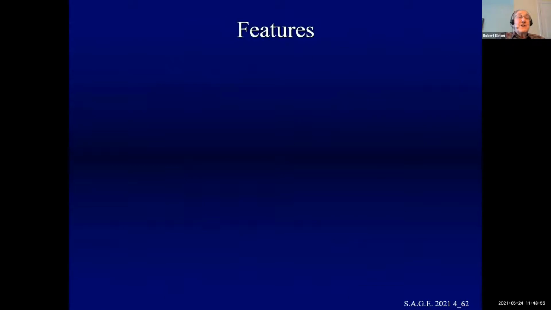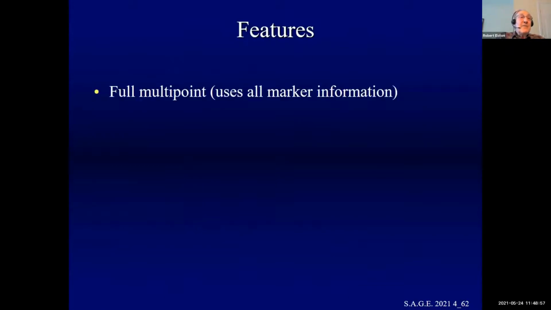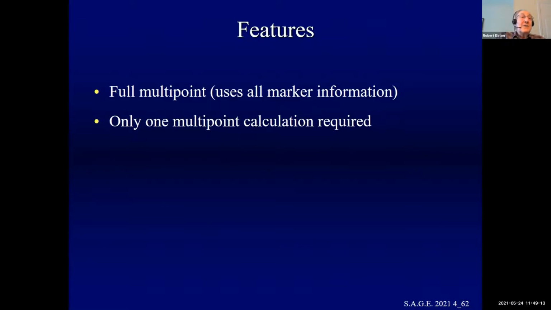So what are the features of this? It's full multipoint. It uses all marker information. You have to input GENIBD output. It has only one multipoint calculation required, which is really amazing.